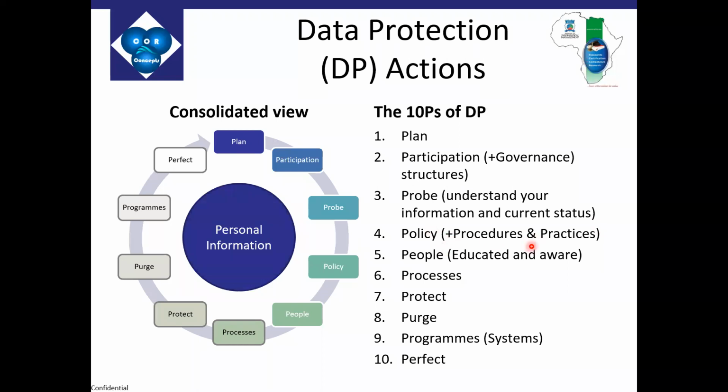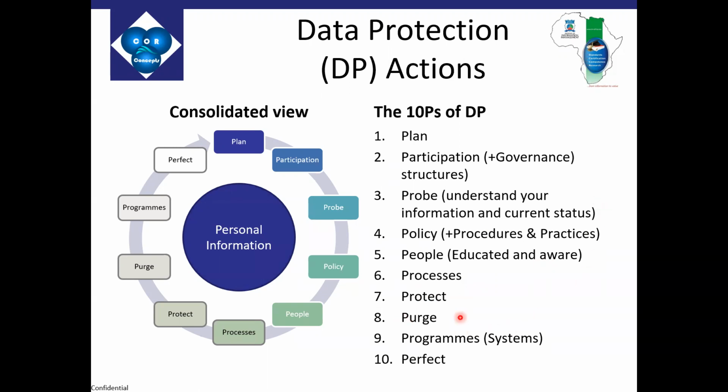And we need to have policies and procedures and controls in place. We need to have people who are educated and aware who are in place to handle requests. We need to have our processes for responding to requests and to incidents. Obviously, we need to protect the data. We can only protect the data if we know what data we've got.